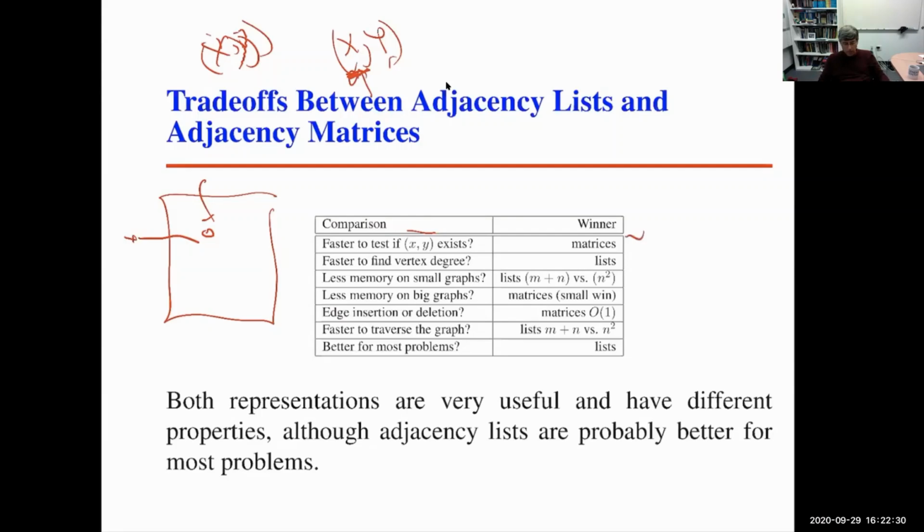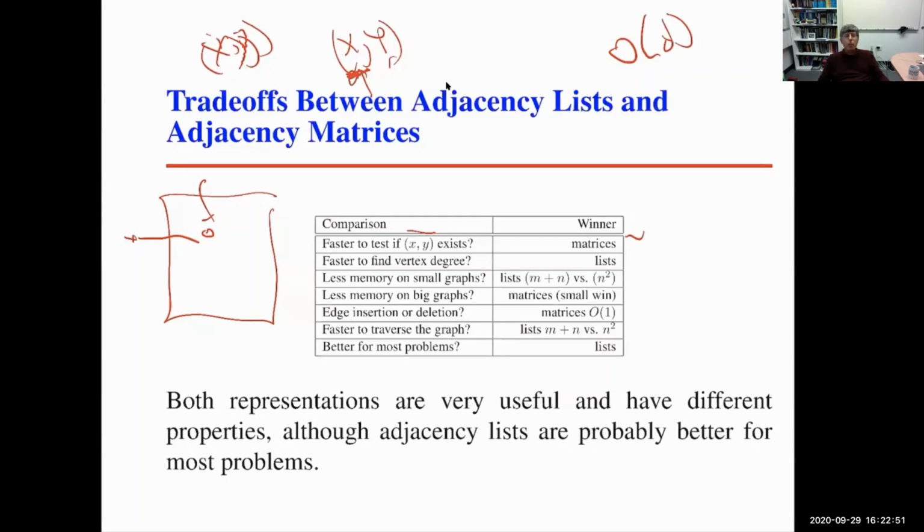So if I really need to check all the time whether two people are friends, a matrix is a good thing. How about if I want to figure out what the degree of a vertex is? Is it order degree? The answer is yes. Often I will say something is order D, where D is the degree of a graph. Okay? Which is faster?